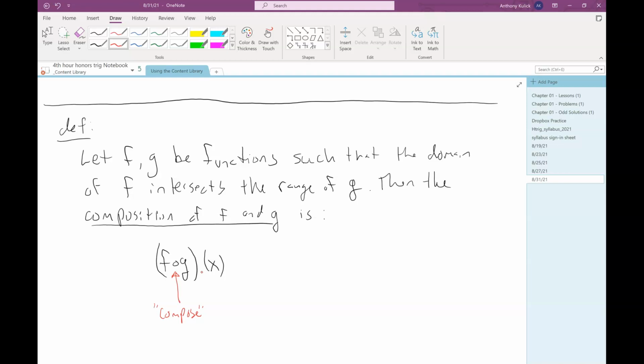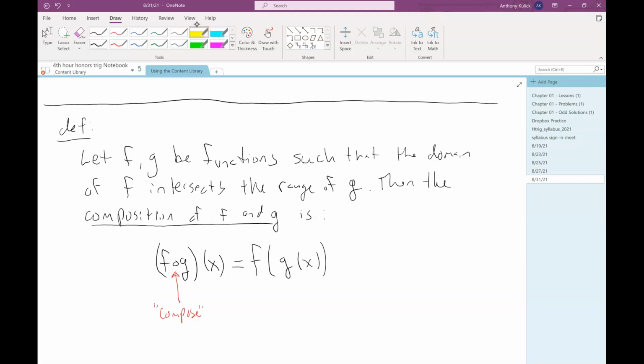You don't read it fog, please. It makes me want to stab myself in the ears when I hear people call it fog. So that's f compose g of x. And what this means is f of g of x. That is, we're kind of inputting one function inside of another.